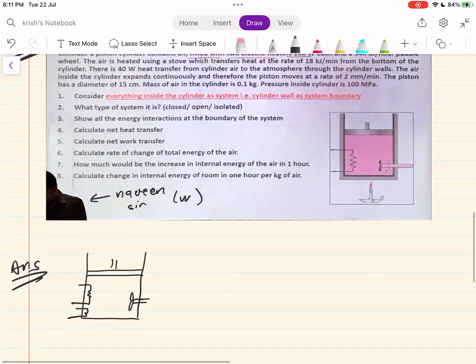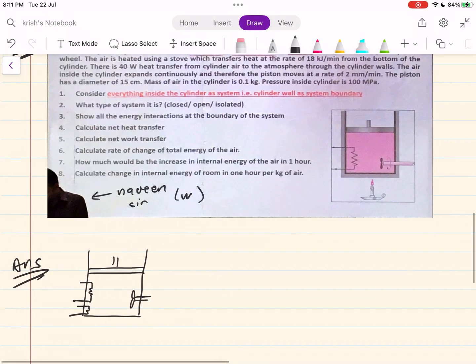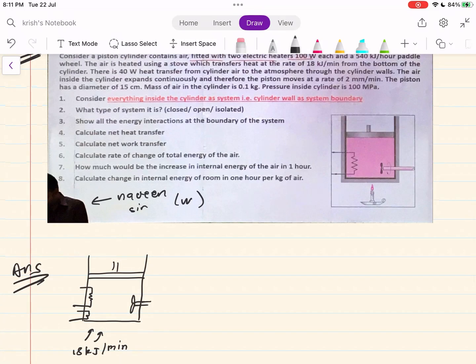The air is heated using a stove which transfers heat at the rate of 18 kilojoules per minute, from the bottom of the cylinder. Okay. There is a 40-watt heat transfer from the cylinder air to the atmosphere through the cylinder walls. Okay, and it is losing heat at a rate of 40 watts through the walls. The air inside the cylinder expands continuously and therefore the piston moves at a rate of 2 mm per minute.